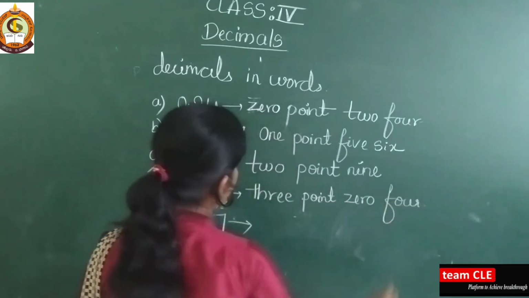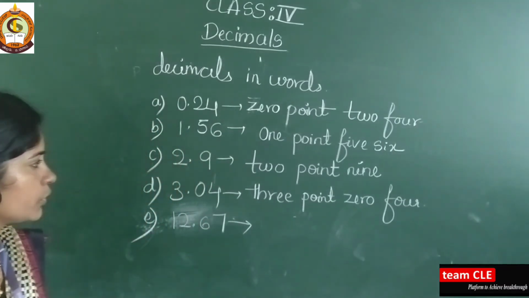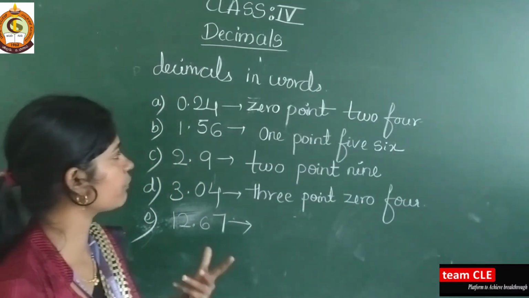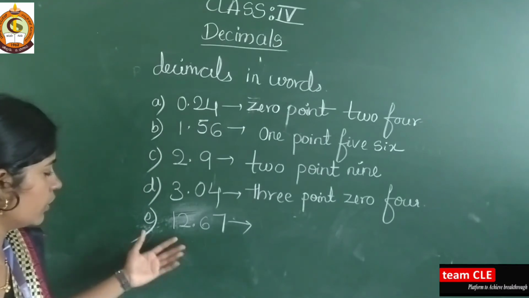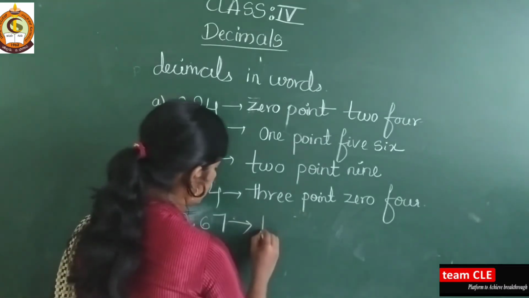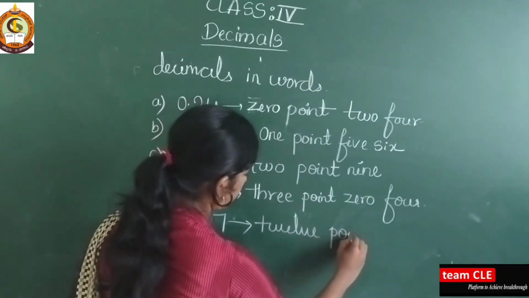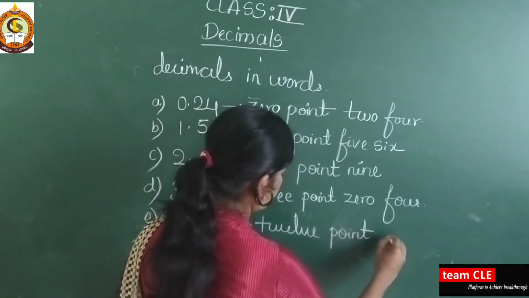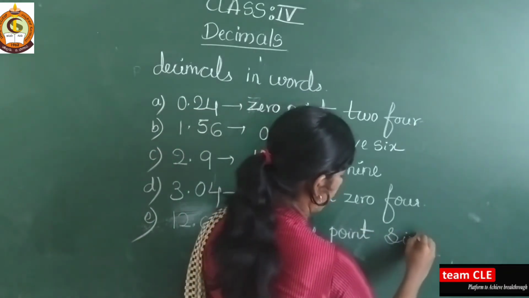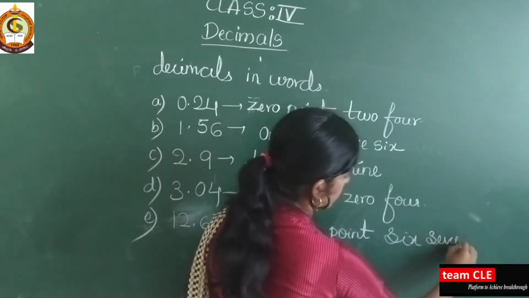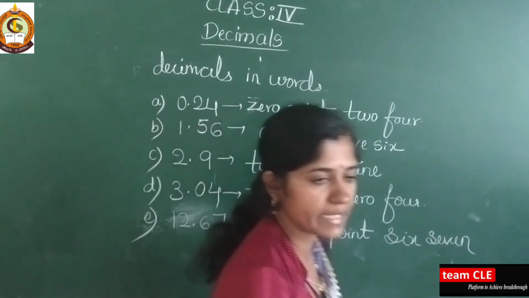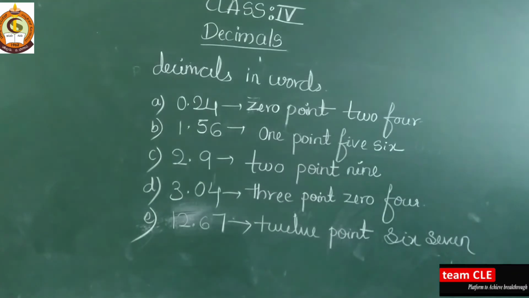So 3.04, 2.9, 1.56, 0.24. Here this is 12.67. Don't read it as 67.